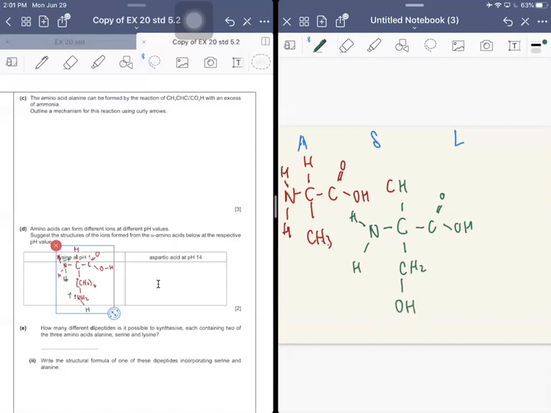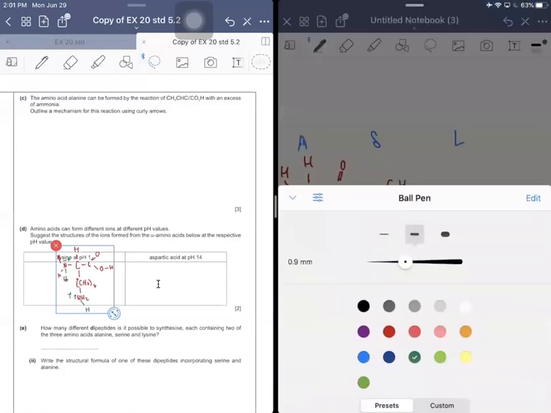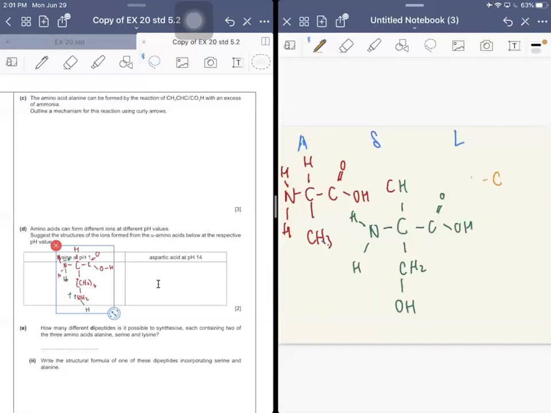And for lysine, same thing. Carbon with an amine with carboxylic acid with hydrogen on top, and at the bottom, lysine is CH2, CH2, CH2, 1, 2, 3, 4, CH2, and NH2.